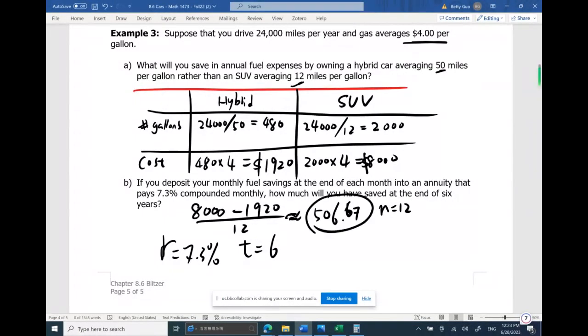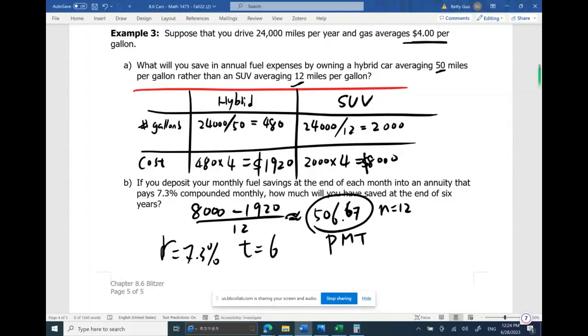This is going to be your monthly payment, PMT. You save 500 every month. If you deposit that money into an annuity, after 6 years, how much money do you have? So get that information written on your scratch paper, and we are going to go to the calculator again.